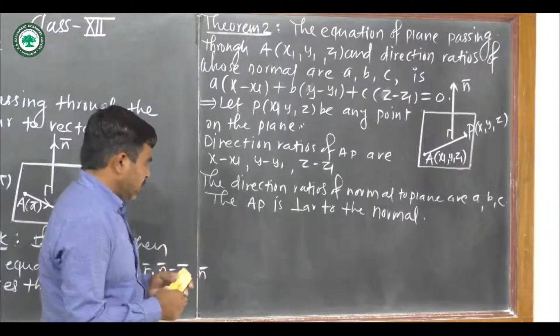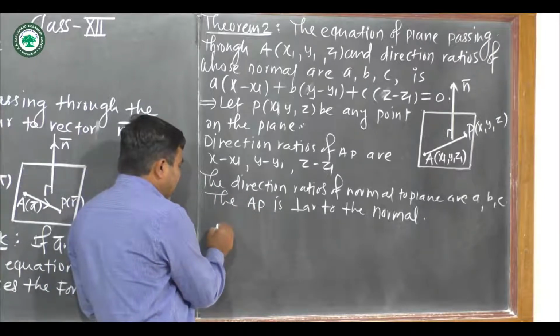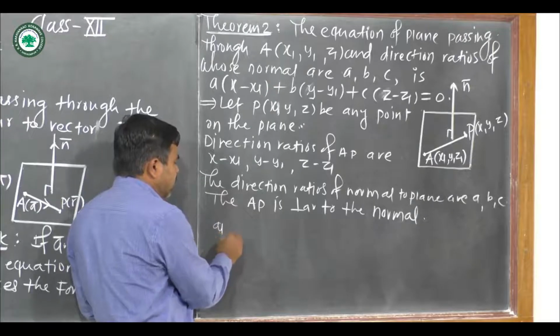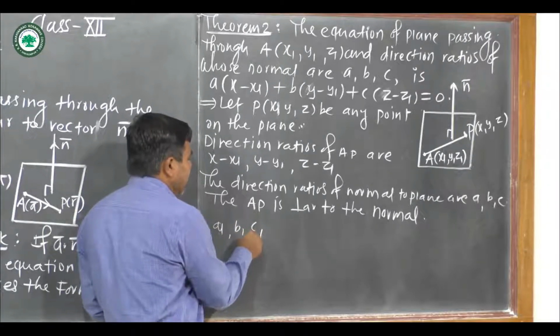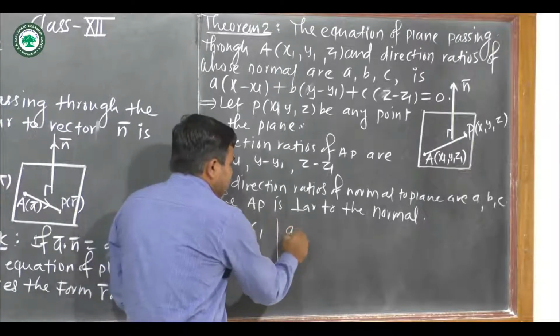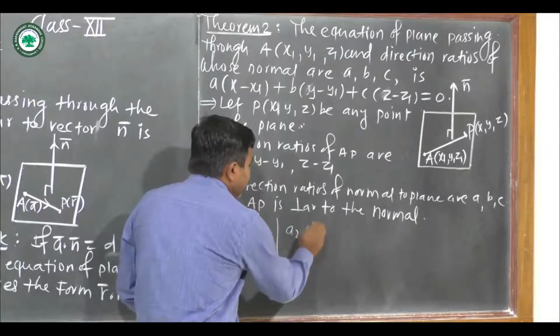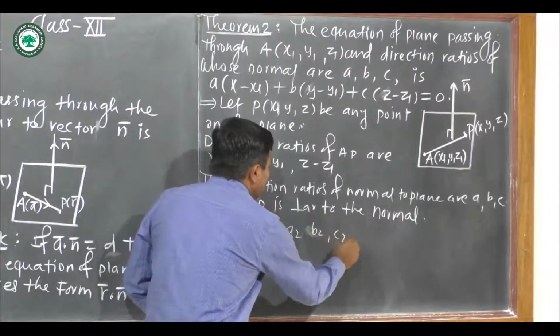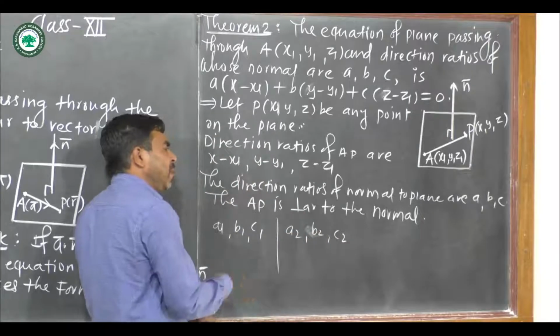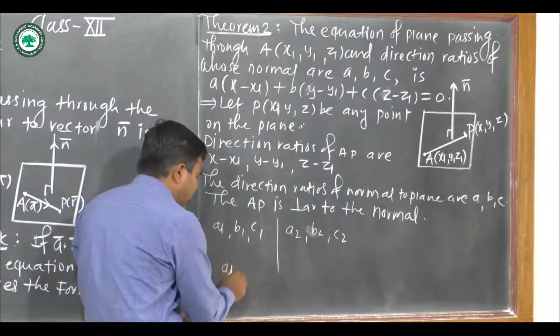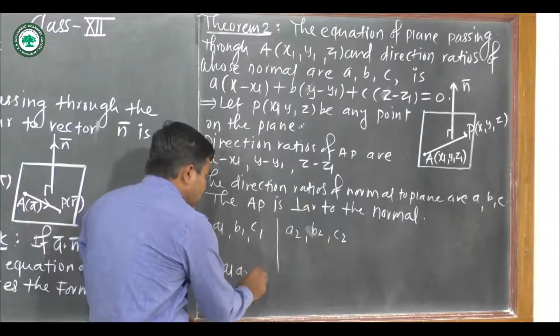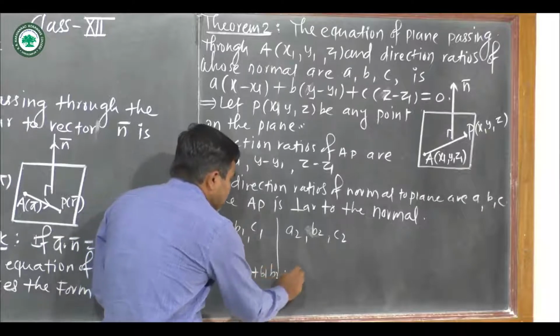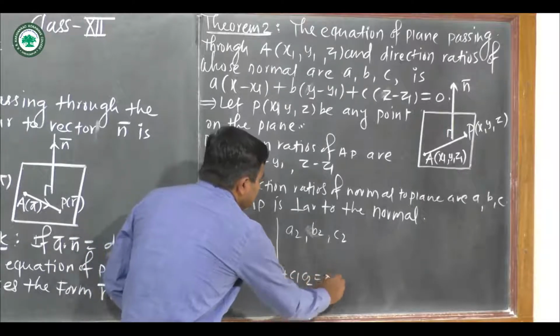And we know one of the properties: if we have two lines with direction ratios A1, B1, C1 and A2, B2, C2, and these two lines are perpendicular to each other, then A1 A2 plus B1 B2 plus C1 C2 is equal to 0.